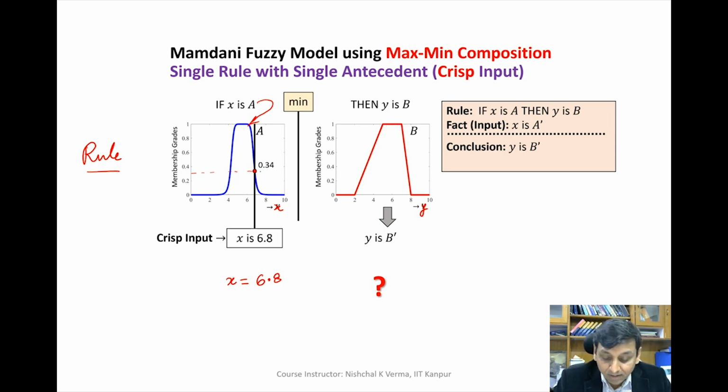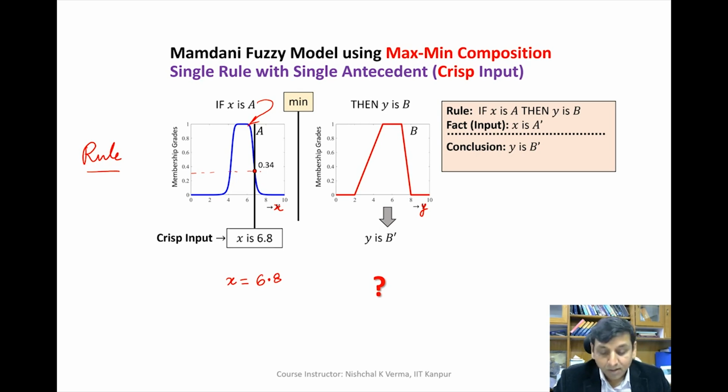Please note that when we have a crisp input, the point of intersection is going to be only a single value. So here there will not be any conflict, as we have seen in the case of the fuzzy input, where we can have multiple points of intersection, and then we would have taken the maximum of these.